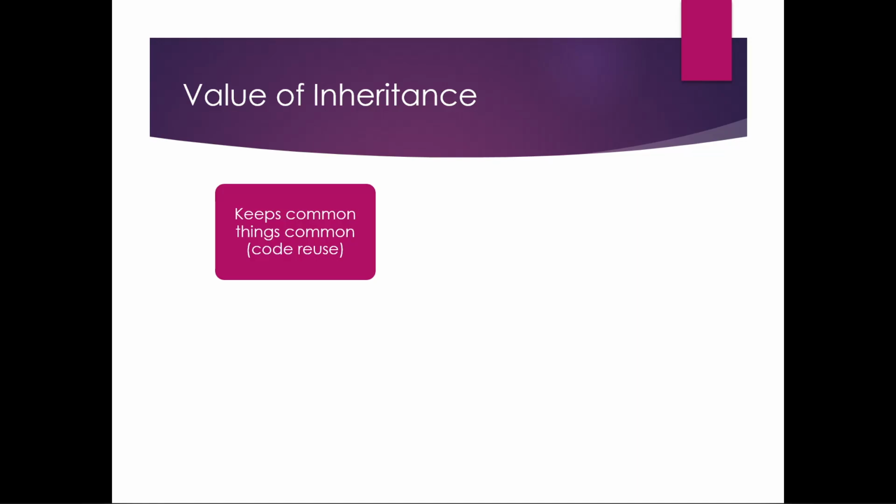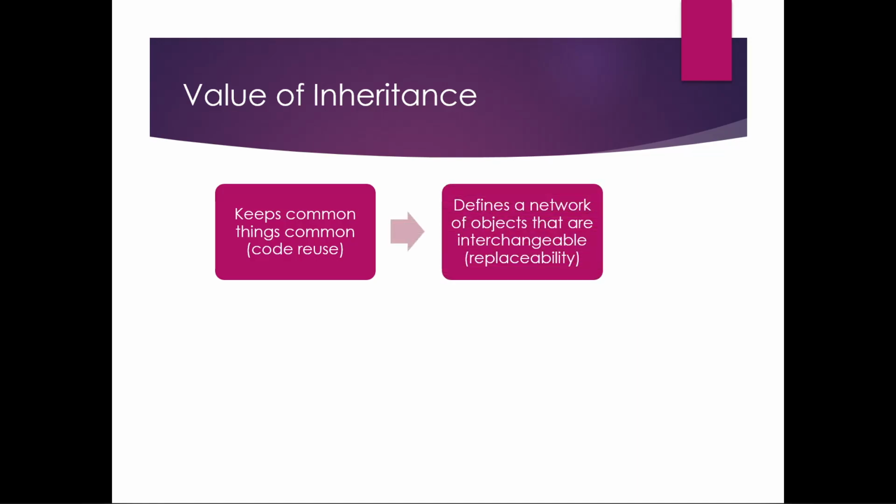There's actually other strategies to help with that we'll talk about as we go. The network of objects you're trying to define here ideally should be interchangeable. That at any point, if I have any of the subclasses of an inheritance hierarchy, it can behave exactly like the concept that is the parent class, and nothing should vary.